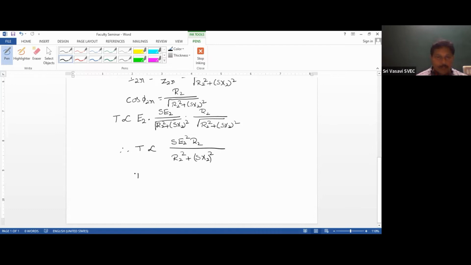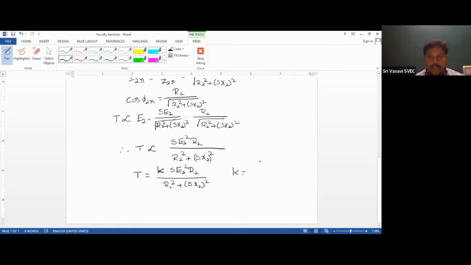And also T equals K into SE2 square R2 by R2 square plus SX2 whole square, where K is the proportionality constant.